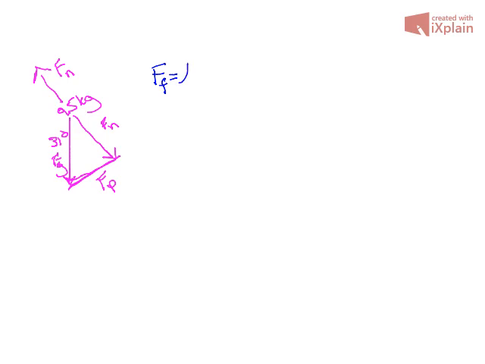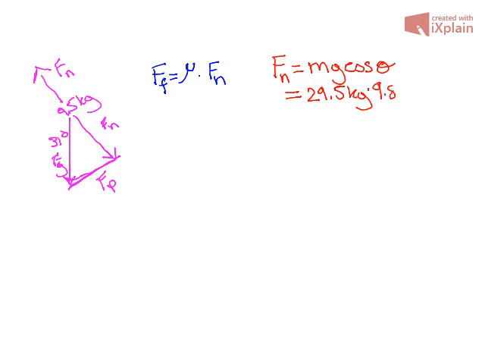Alright, so we've got our force of friction with the formula being mu times our normal force. To do this, we need to calculate the normal force. The normal force is mg cosine theta. We're going to plug in our mass, multiply that times our gravity, and then times cosine of our angle, which we know to be 31 degrees.